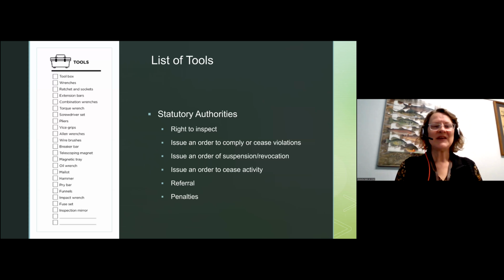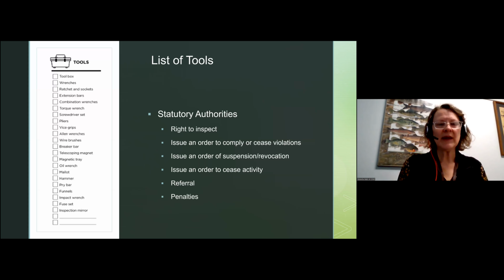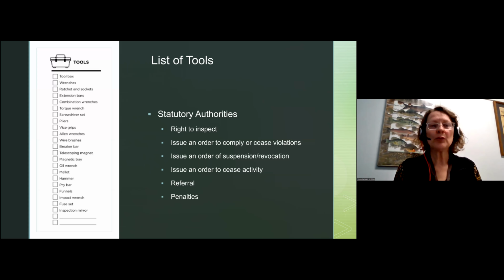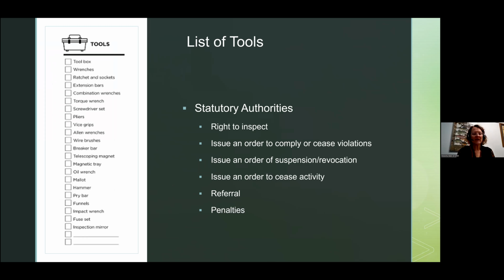So, statutory authorities. We're going to take a look at these individually, but regulatory authorities have the right to inspect non-metallic mines. You are able to issue orders to have folks comply or cease violating. You also have the ability to order a suspension or revocation of a permit. You also have the ability to order cease activity, also known as a stop work order.